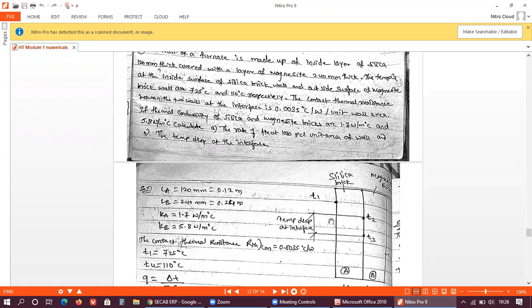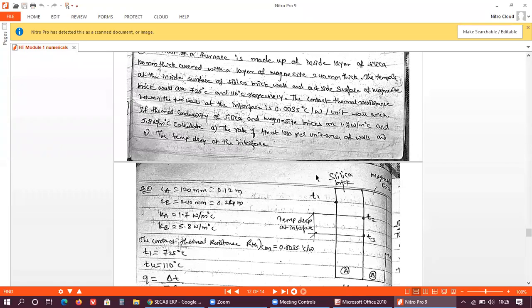Okay, so the inner surface temperature is how much? 725 degrees Celsius. This is the inner surface temperature of the furnace, whereas this is the extreme outer surface, that is T4 here. I have taken this wall surface as T4, and its temperature is how much? 110 degrees Celsius.